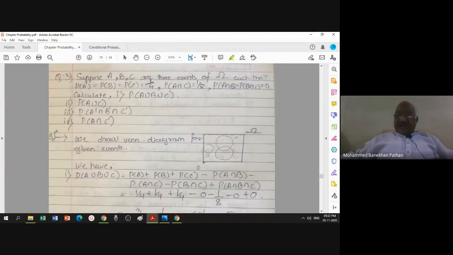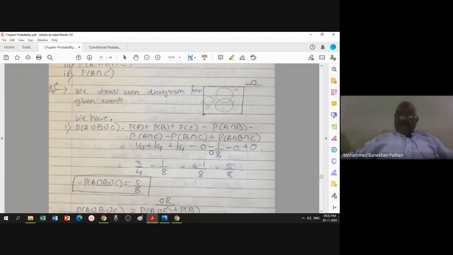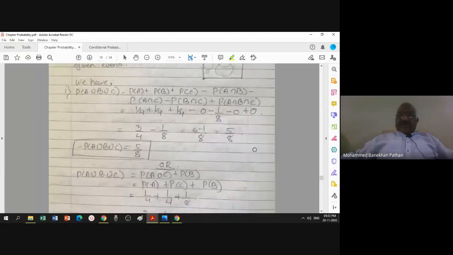But from the Venn diagram, you can easily see there is nothing common between all these 3 events. So A intersection B intersection C is a null set, empty set, and probability of phi equal to 0. So we get the answer, probability of A union B union C, as 5 by 8.